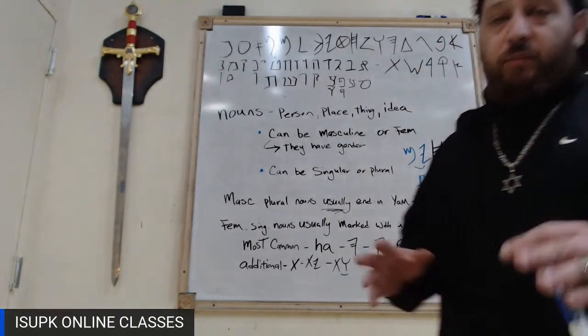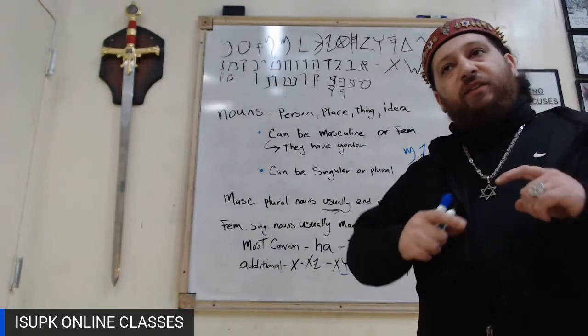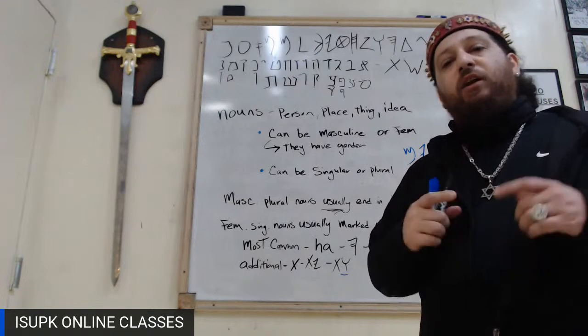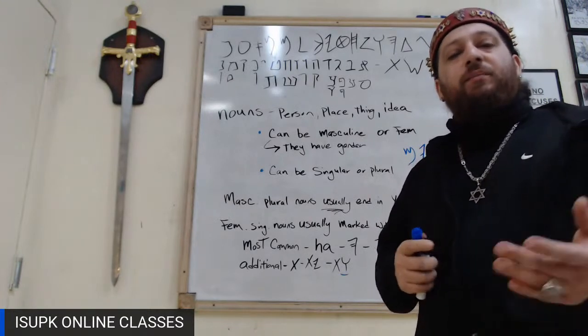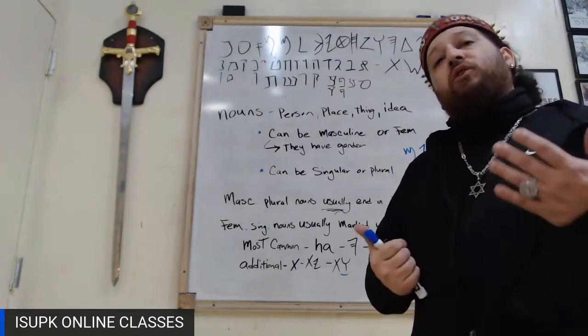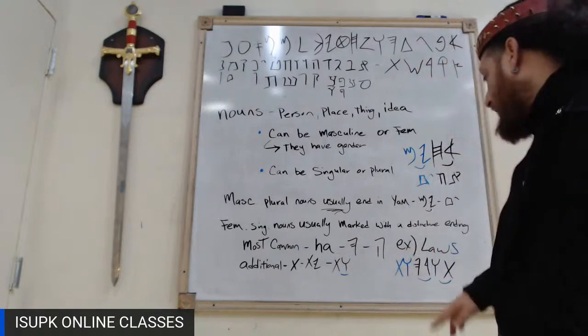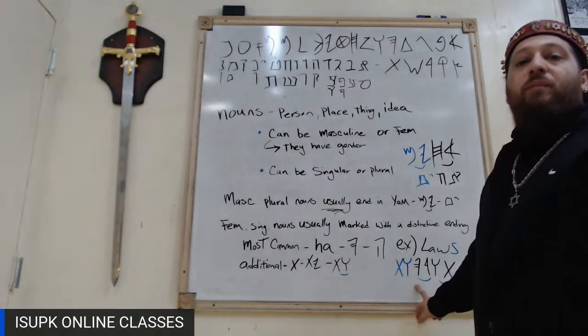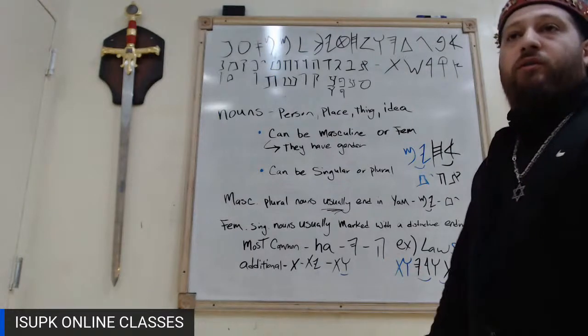This word is a feminine noun. Now, just so y'all know, just to be clear, you have feminine nouns, which means that the word is feminine, but it doesn't mean that it only applies to women. It just means that this word so happens to be feminine. There are certain words which might signify that it applies to women only, but the law applies to both women and men. We're only talking about the gender of the word. You understand?